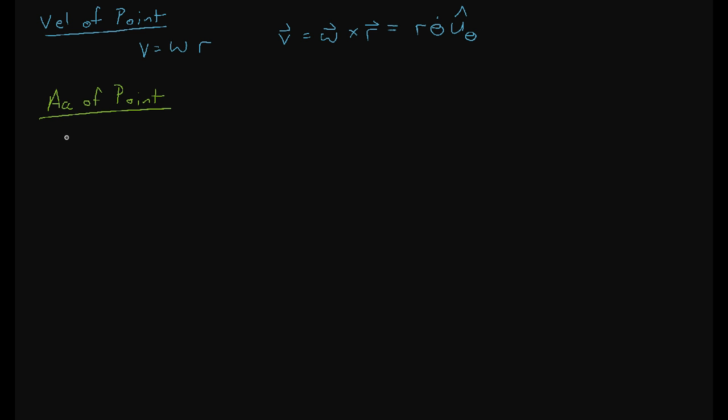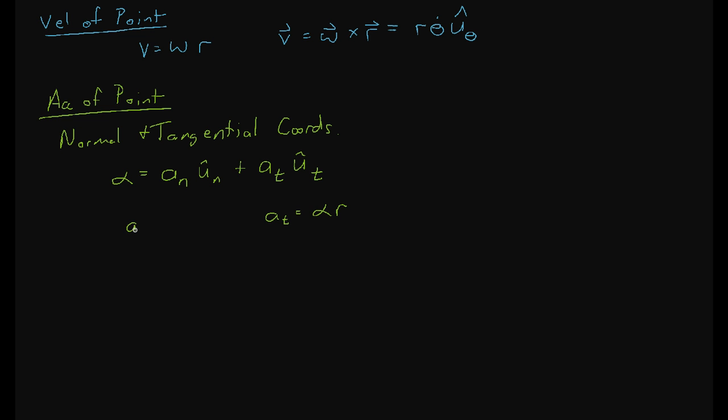Next, we're going to look at the acceleration of a point. There are going to be 2 components to this. You can look at it in normal and tangential coordinates like we looked at before. And so before we had the acceleration was equal to the normal. Oh, this should just be a. This is incorrect as well. This should just be a in general.